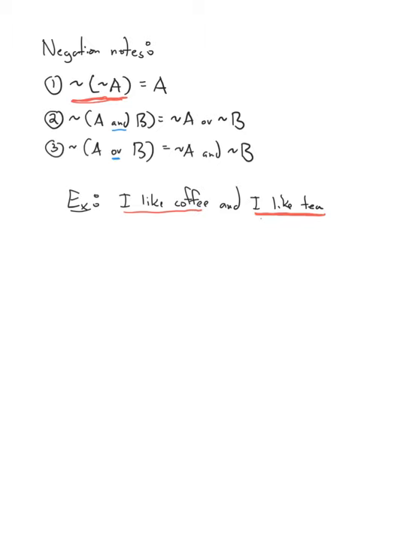So it's false when I don't like coffee or I don't like tea. So the negation of this is I don't like coffee or I don't like tea. So that's negating an and statement.